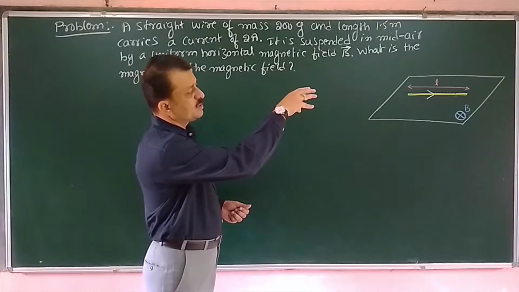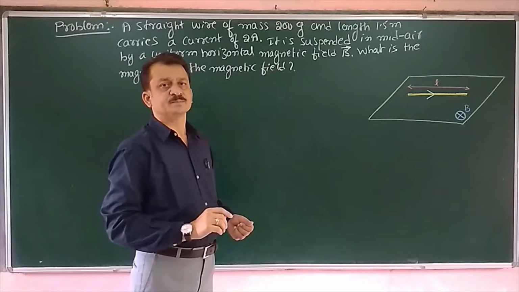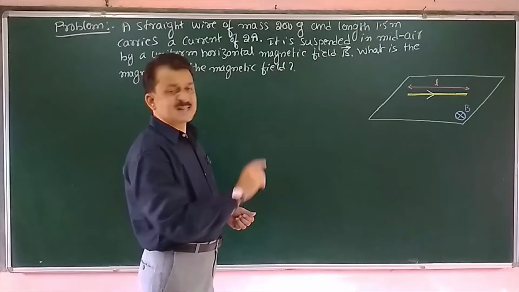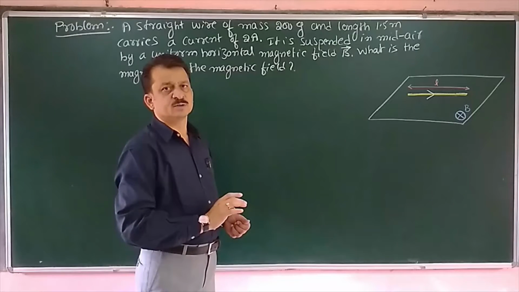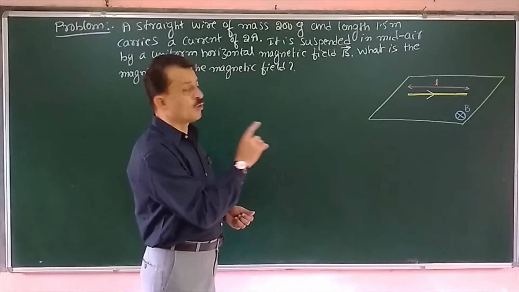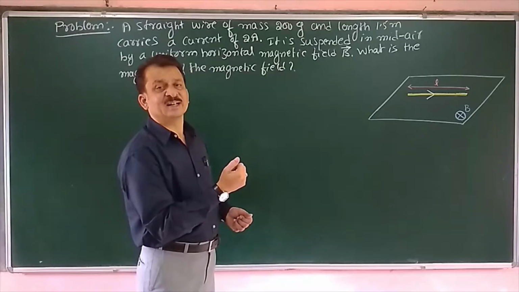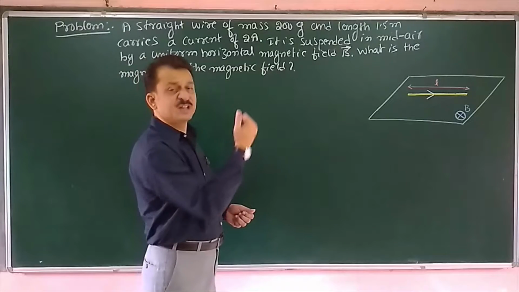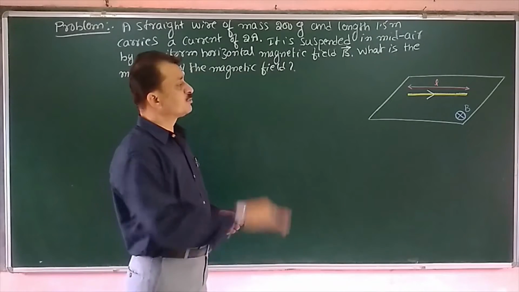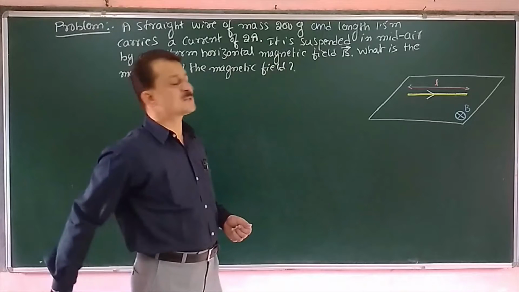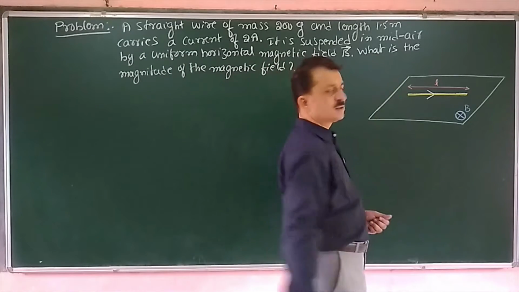Because of the presence of the magnetic field, it is having a magnetic force. That magnetic force is balancing the weight of the rod. Therefore, the wire is suspended mid-air.